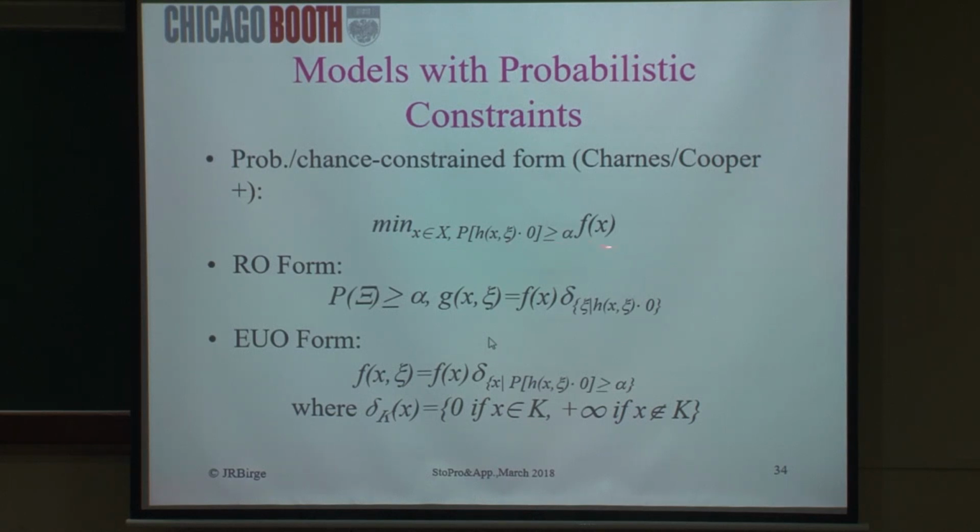The chance constraint can actually be the same as robust optimization if my uncertainty set is a set that has probability alpha. And then I say that my G function is F everywhere that the constraint is met, and it's, let's say, 0 everywhere else, then this is the worst thing that happens with a given probability.